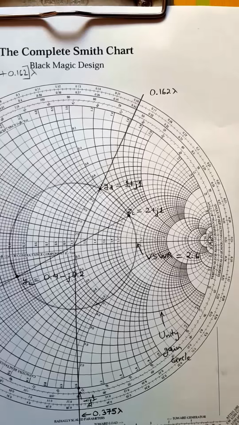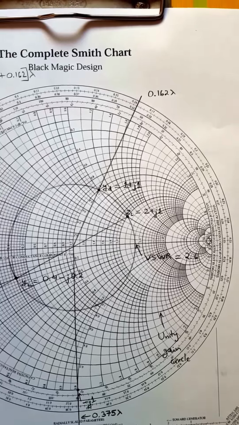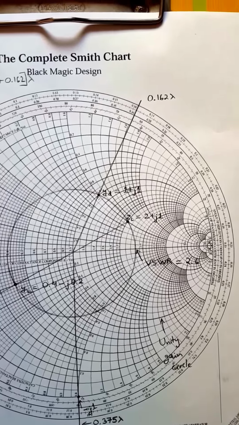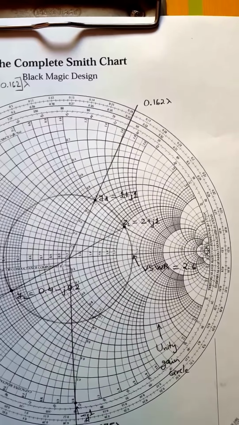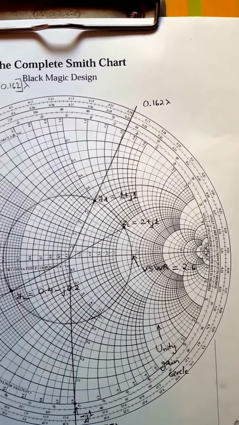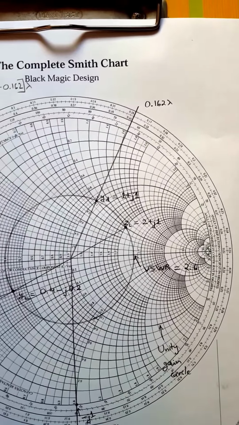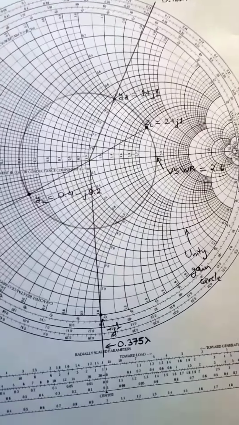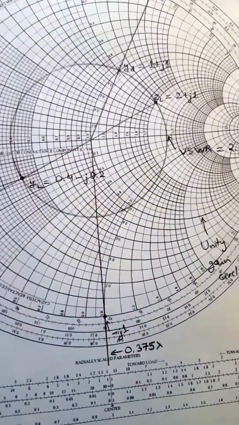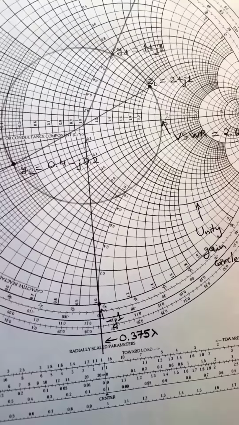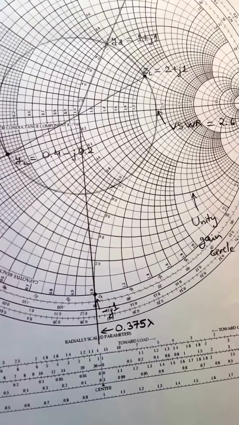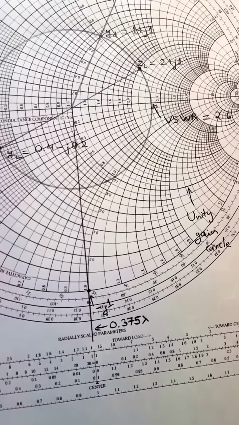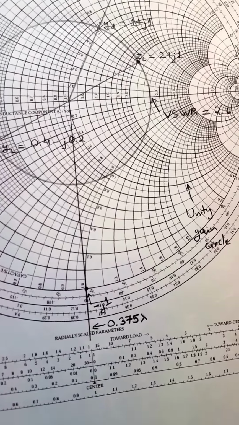Now for calculating the value of L, we take the imaginary part of YD, which is j1, and take its conjugate, that is minus j1. We locate minus j1 on the Smith chart and obtain its value in terms of lambda, which comes out to be 0.375 lambda.